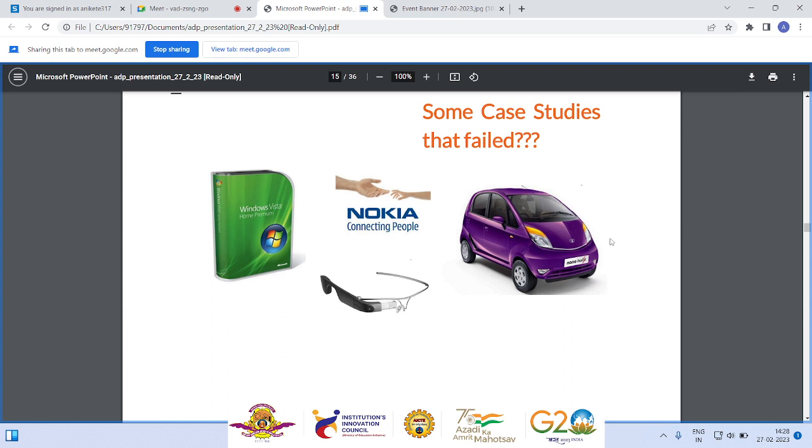Then the Tata Nano. Somebody might have asked why I have put this in. When this car was launched, it was a commitment that it would be available at a price of 1 lakh or a maximum of 1.5 lakh.